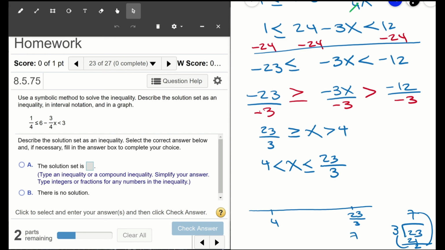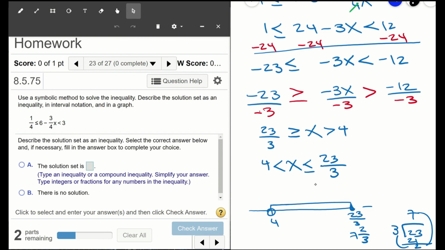So you're going to want to look for that in homework systems, okay? And notice that we have a strict inequality on this side, so 4 is not included, so that'll be an open circle. And we have less than or equal to on this side, so that means 23 over 3 is one of the solutions. And then, of course, everything in between, right?